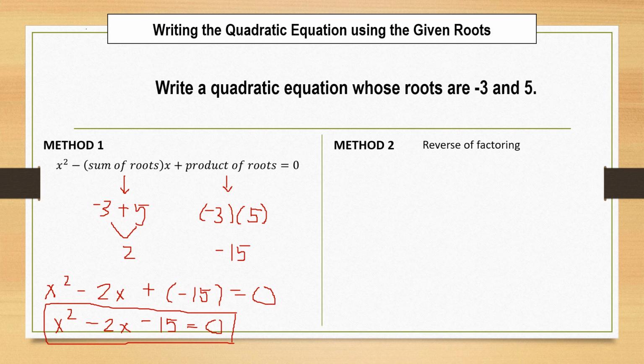Now let's have method number 2, or the reverse of factoring. Since the roots are negative 3 and 5, we say that x sub 1 is negative 3, x sub 2 is positive 5.